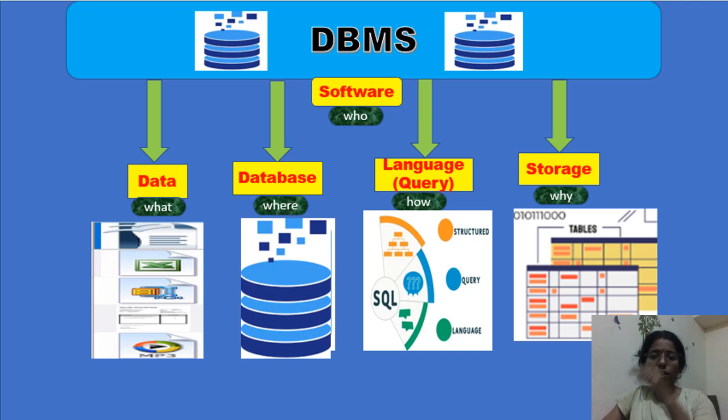Here the database is like a container, and the image shows an Excel file, an audio file, and a PDF file, so different types of data are there, structured and unstructured. Excel is the structured data type, and PDF and audio MP3 are unstructured data.